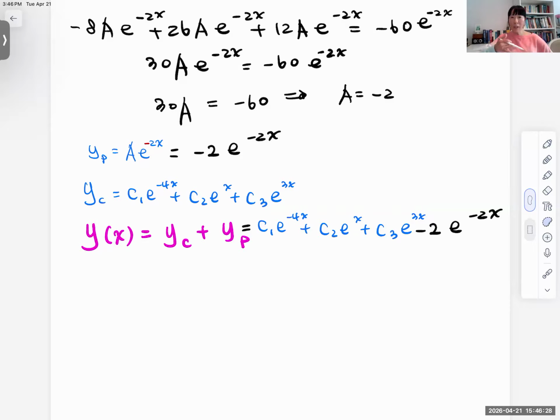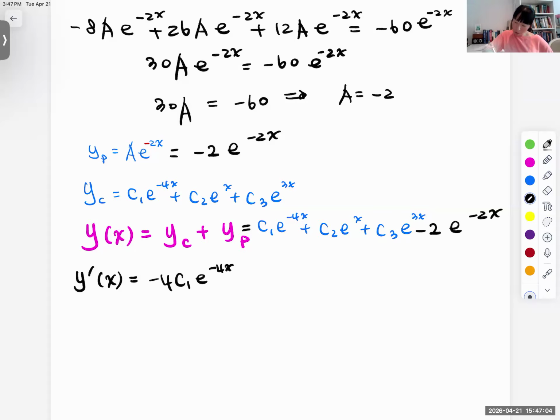Previously what we did, we want to find the derivative and second derivative because we have a triple derivative in this case, right? Then we want to find C sub 1, C sub 2, C sub 3. So let's do that. y prime of x: negative 4 C sub 1 e to the negative 4x.